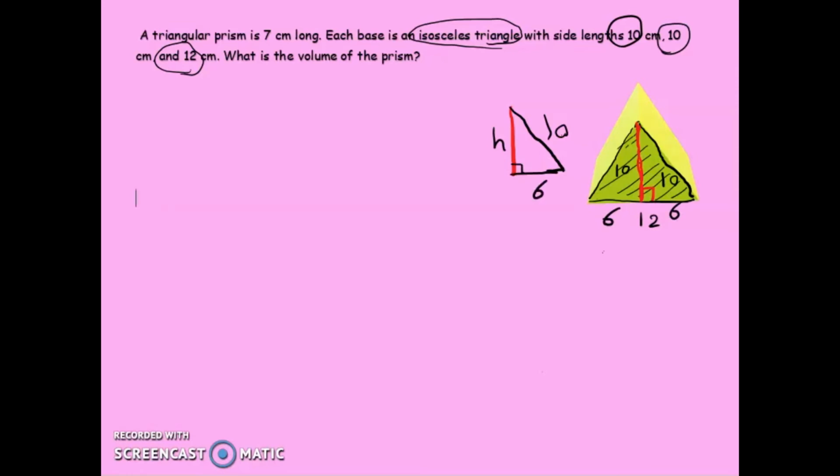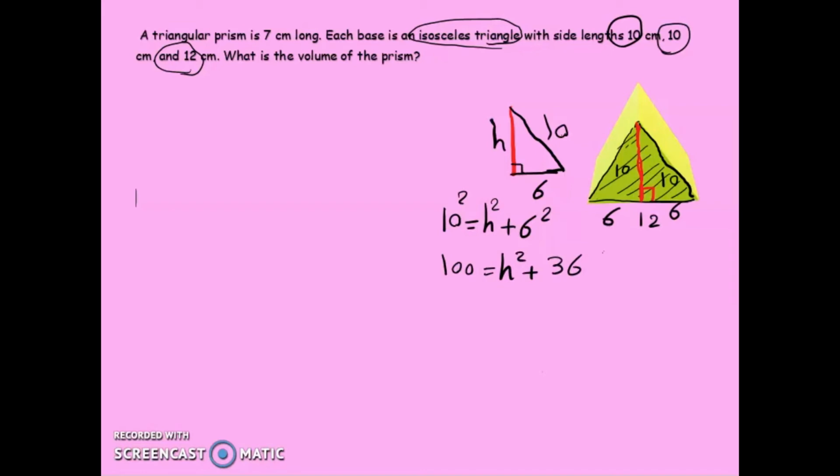Now let's follow the Pythagorean theorem to calculate the height. I can write down 10 squared equals h squared plus 6 squared. Do you agree? Let's calculate. 10 to the 2 is 100, plus h squared, 6 to the 2 is 36.